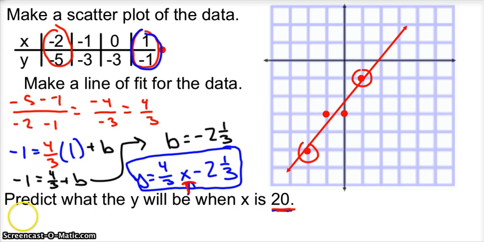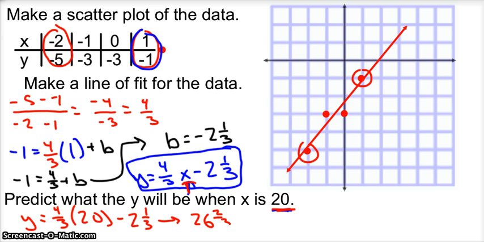So here we go. Y equals 4/3. Now instead of x, I'm going to write 20 minus 2 1/3. That's going to give me 4/3 times 20 is 26 2/3 minus 2 1/3.